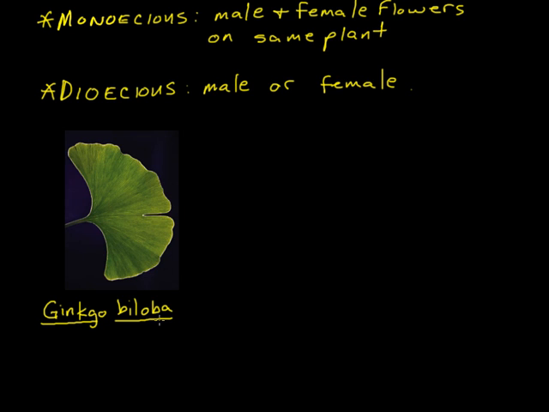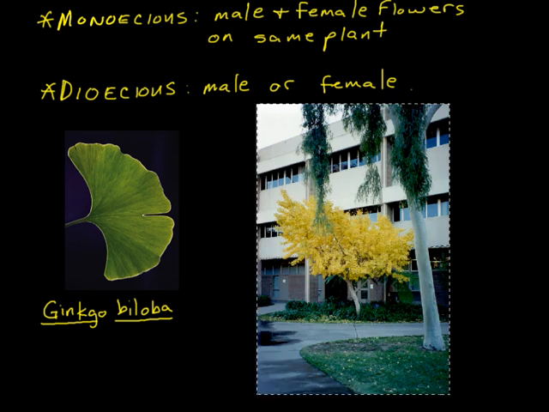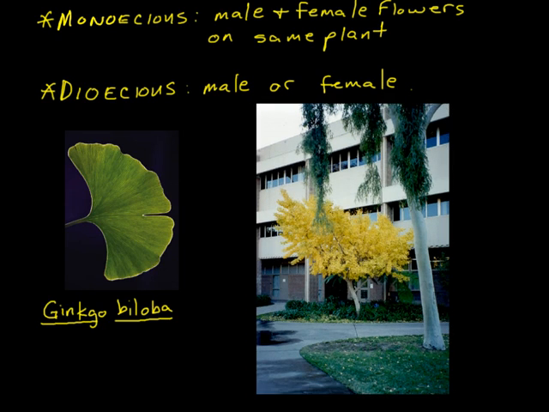Ginkgo remains a very popular landscape plant, and one of the reasons is in the fall, a ginkgo tree looks like this. And as you can see, it's very bright yellow, and this is one of the brightest yellow fall colored trees that you'll see. And so it remains fairly popular, particularly in the southeast.